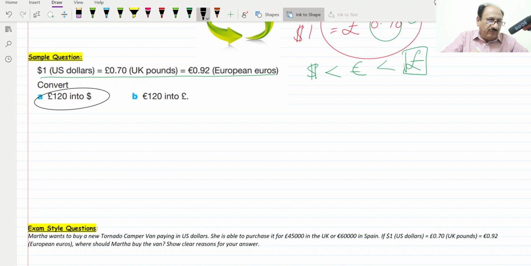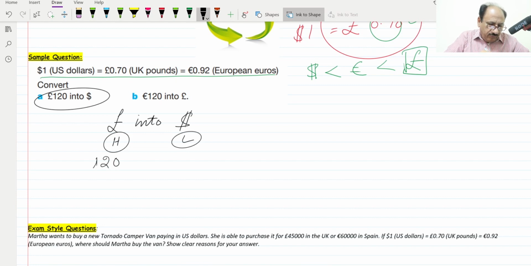So we have 120 pound, so this conversion is pound into dollars, basically this one. And we can identify which one is heavier, which one is lighter. So we know in this case this is heavier and this is lighter currency. After identification, now we have the conversion ratio also.